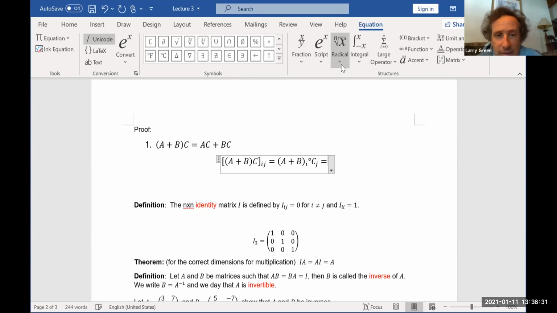So that is equal to Ai plus Bi, dotted with Cj. Anyone lost so far? Where Ai is the ith row of A and Bi is the ith row of B.